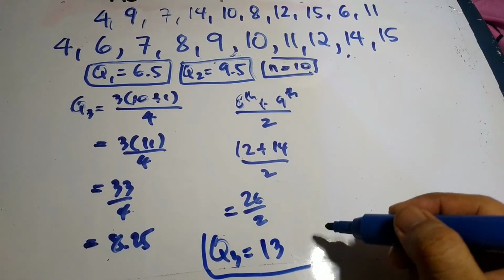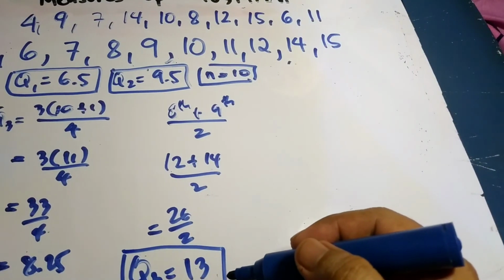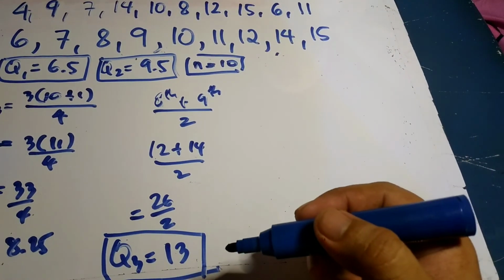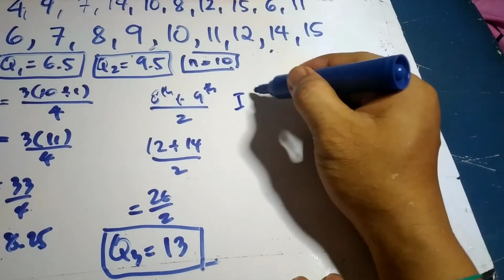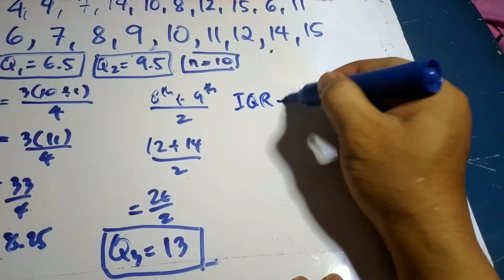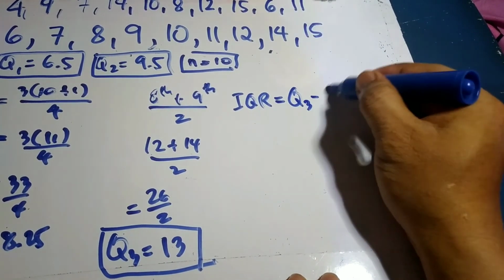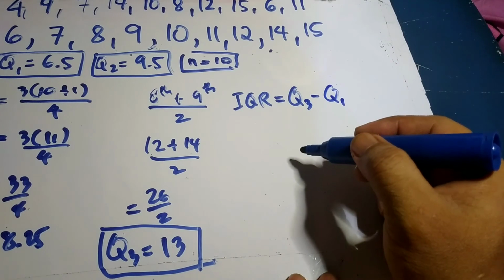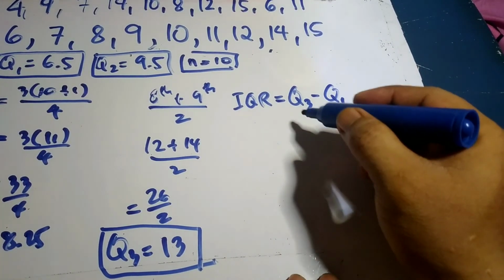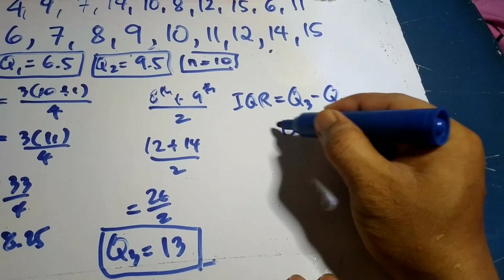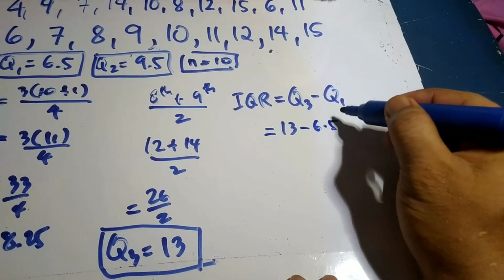Nakuha na natin si Q3. Next natin kukunin dito is yung ating interquartile range, IQR. Kukunin lang natin yung difference ni Q3 at saka ni Q1. Ang Q3 natin ay 13, and then we have 6.5.